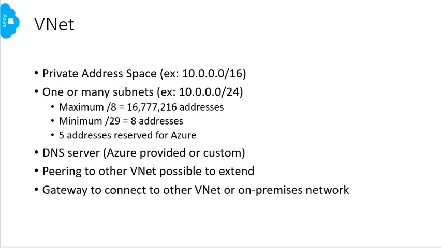You can have /24, up to a maximum of 16,777,216 addresses, or you can have /29, which is 8 addresses basically. 5 addresses are always reserved for Azure, the first 5. For DNS servers, Azure provides them, or you can use your own custom ones. Peering to other VNets is possible to extend, and a gateway to connect to other VNets or on-premise.